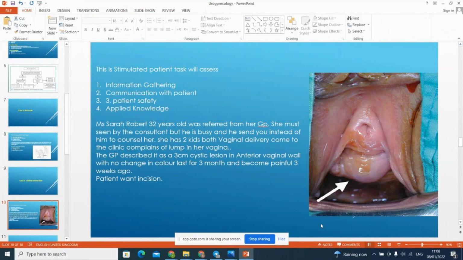Ma'am, the choice of surgery in case of urethral diverticulum is diverticulectomy. How will we explain the diverticulectomy in layman language? In layman language, you will tell her there is a lump at the beginning part of the outer passage of the urine, and this pouch could happen because of relaxed or weak muscle.